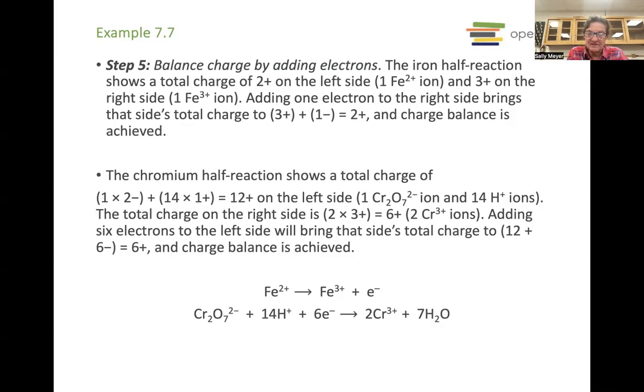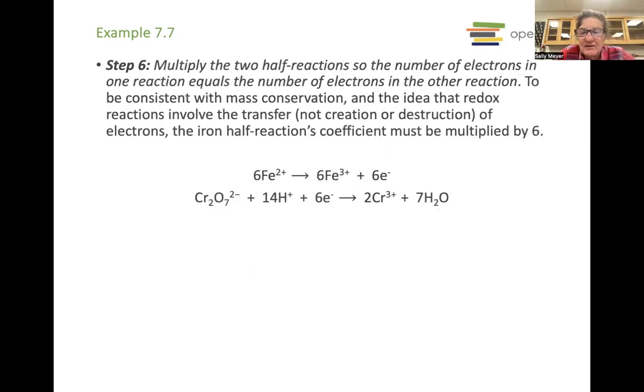So we have plus 14, and we need to add to that 6 electrons so that we have plus 6 left on each side. So once you add those 6 electrons and add that all up, you will see that you had 2 minus plus 14 gives you plus 12, plus 6 minus cancels 6 of those, and so you're left with plus 6.